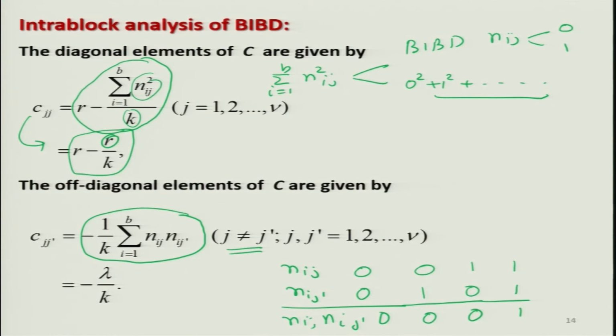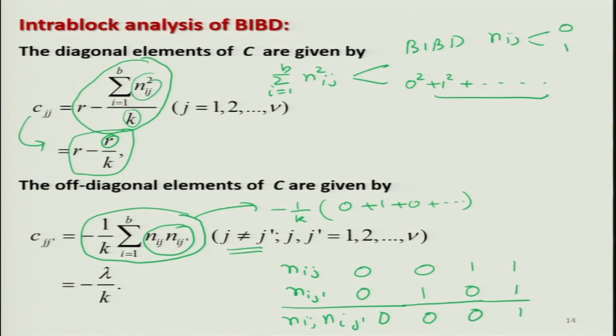So, now you can see that this summation is going to be minus 1 over k, and the summation will be like 0 plus 1 plus 0 plus something. So, there are going to be some number of 0s and some number of 1s. Now, the question is how many 1s are going to be there. When I take the product Nij into Nij prime, that indicates that both j and j prime treatments occur in the same block i.